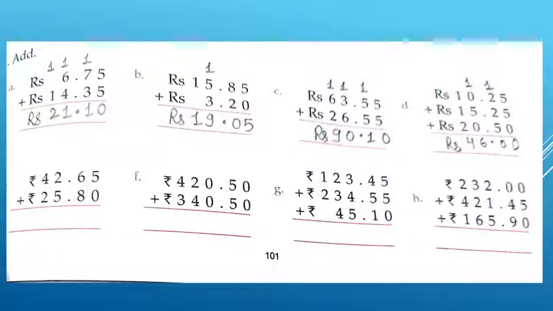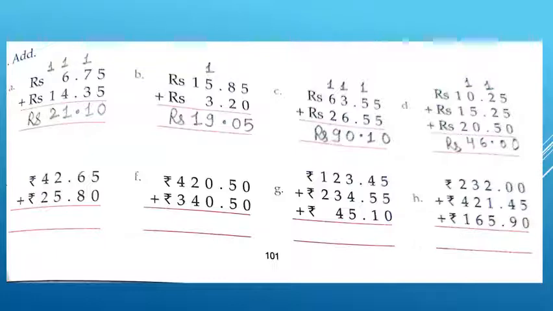Now 5 plus 3 is 8. Add 1 carry. 8 plus 1 is 9. So write 9 there. Now children, write 1. So when you add rupees 15.85 and rupees 3.20, you will get answer as rupees 19.05.